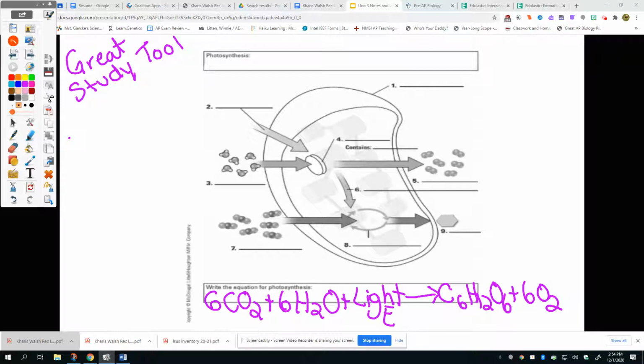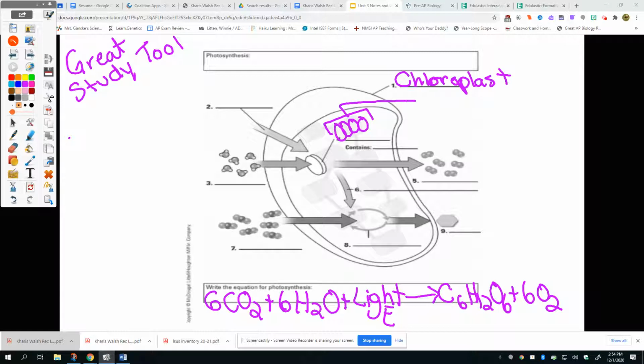So first off, this is a diagram of the chloroplast. And we need to understand a little bit about the structure of a chloroplast. First of all, chloroplasts are in eukaryotic organisms. They're in eukaryotic cells, specifically plant cells, autotrophs. And the chloroplast has a couple of structures you need to know. If you look at the diagram, you can see these stacks of discs.